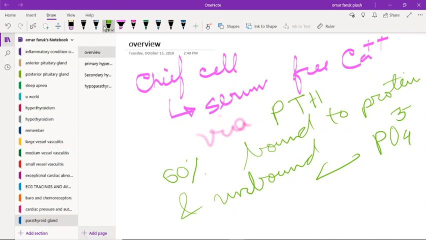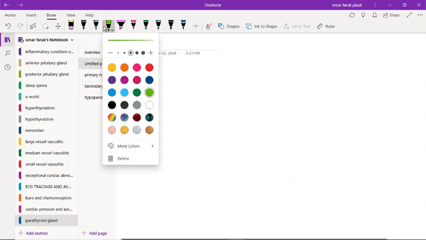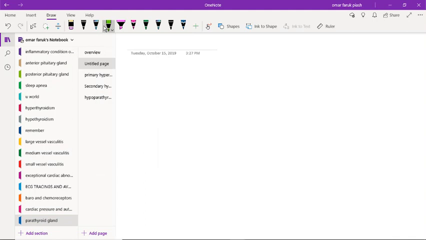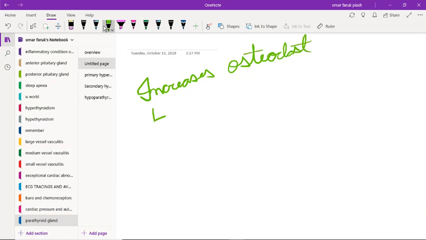What does it do? It increases osteoclastic activity. How does it increase osteoclastic activity? This is a different way.